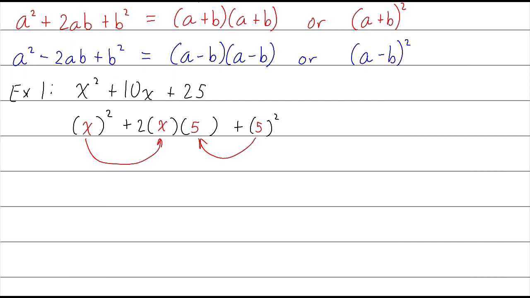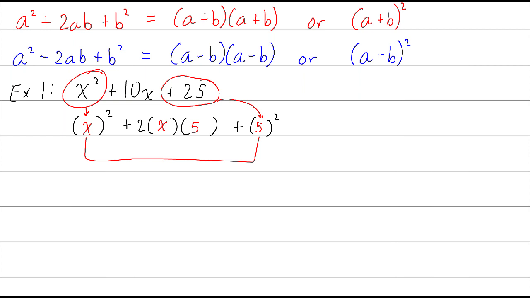What I'm saying is that if you take the square root of the first term, that's just x, and you think about that first term as being squared, and then take the last term, 25, and think about it as 5 squared. Then I think about multiplying those two together, 5x times 2, and it gives me the middle term, 10x, then I have a perfect square trinomial.